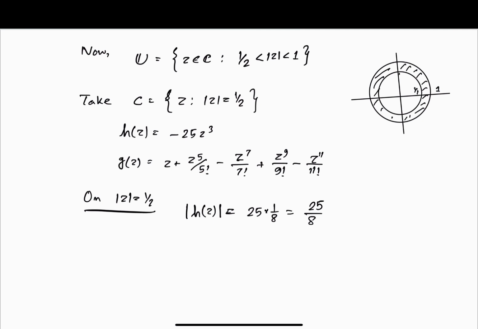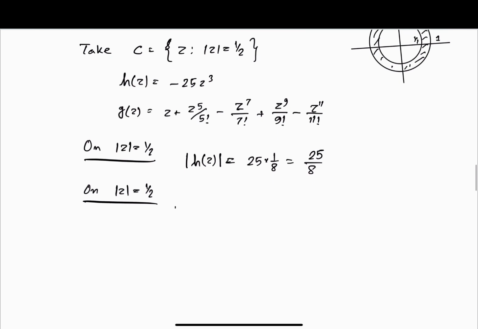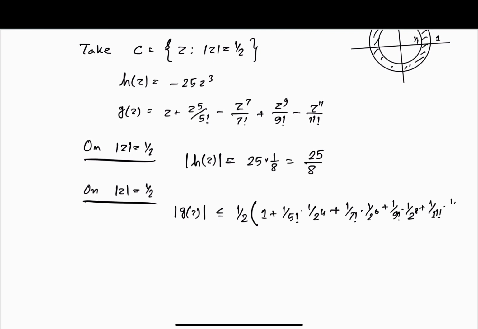And on mod z equals half, what will be the mod of gz? It will be less than, if we write it down, taking half common from everything: half times 1 plus 1 by 5 factorial into 1 by 2 to the power 4 plus 1 by 7 factorial into 1 by 2 to the power 6 plus 1 by 9 factorial into 1 by 2 to the power 8 plus 1 by 11 factorial into 1 by 2 to the power 10.